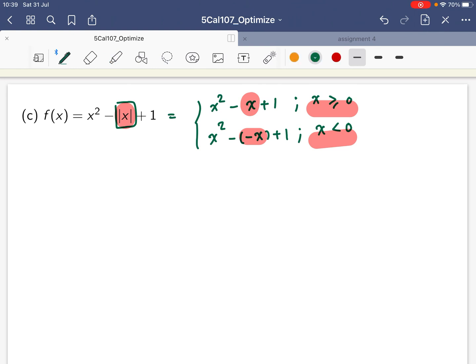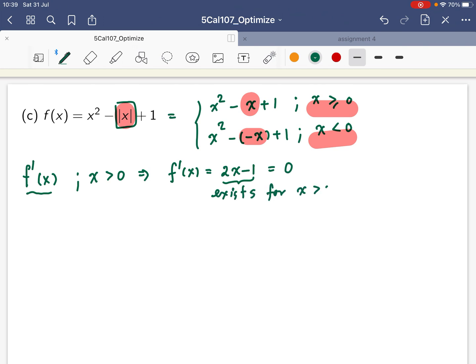So to find the critical value, you need to find your f prime, right? So if your x is positive, then your f prime is just simply 2x minus 1, and then you need your f prime to be 0, right? Because this one exists for each and every x that is positive.